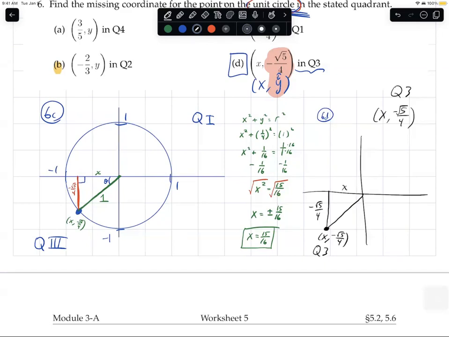How did we know the other one was 1? We were told that this point is on the unit circle, and the unit circle starts at the origin. So this line segment to the origin must have length 1 because it's on the circle. This is a radius of the circle.